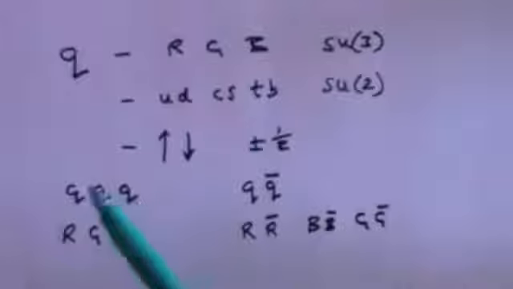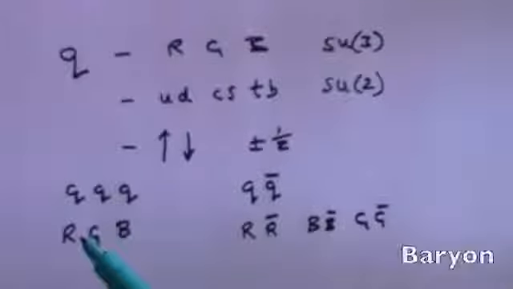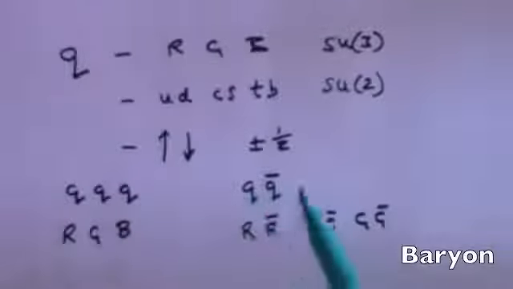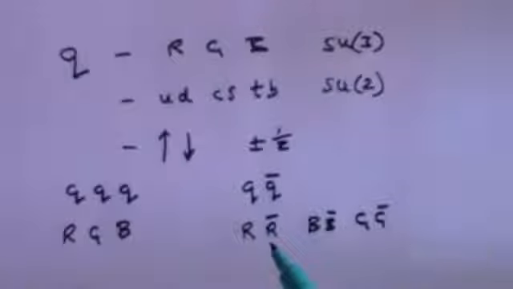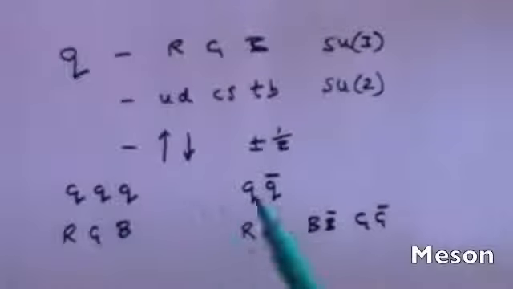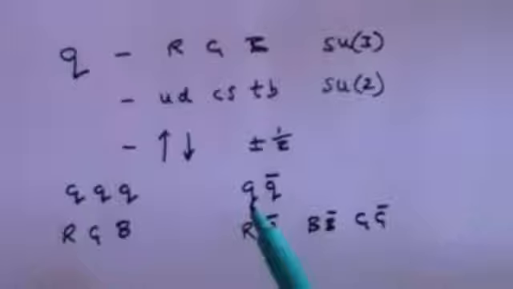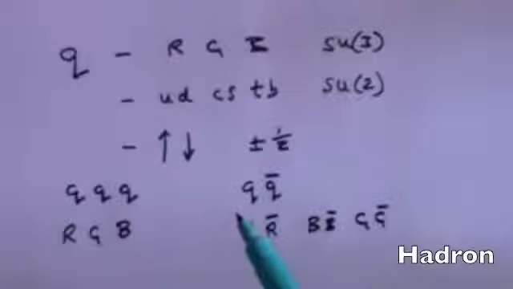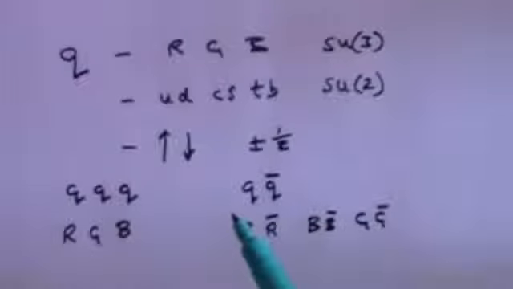A combination of 3 quarks is called a baryon. A combination of 2 quarks is called a meson. And baryons and mesons together form hadrons, and hadrons are fermions. We'll see this a little more clearly in just a moment.